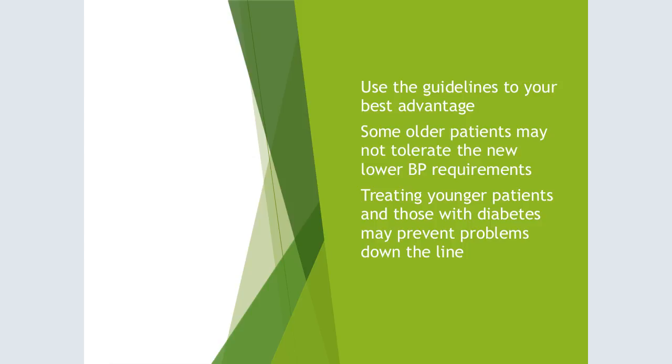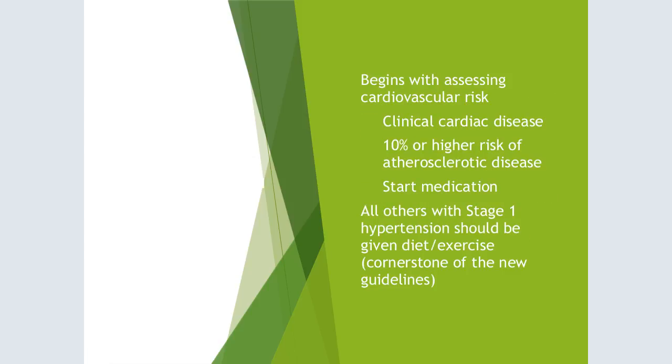But some of these older patients, you may not get there with them. Just like elderly patients, I'm talking about 75 and older, you may not get them to an A1C of 6. You may be happy with an A1C of 7.5 to 8 because that's what they can best tolerate. So use your judgment. Now, we're going to look at stage 1 hypertension treatment.